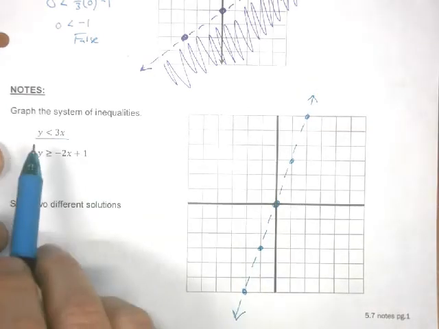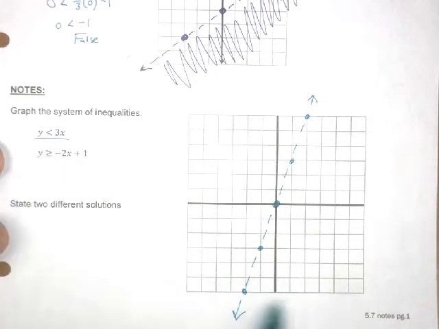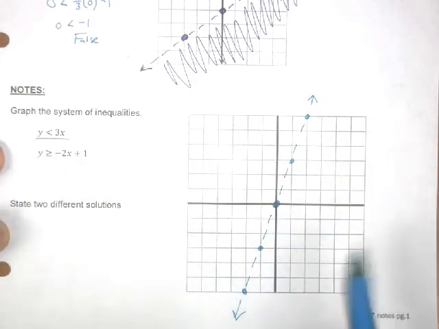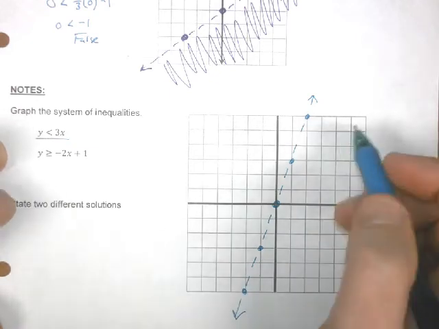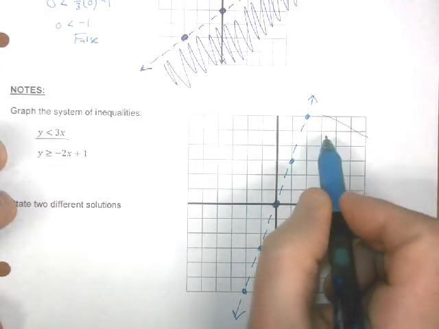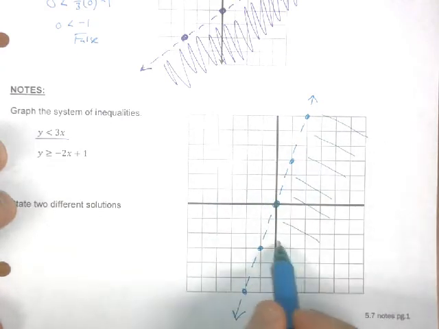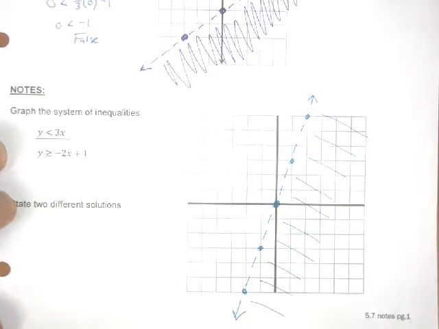And this is going to be y is less than, so we're going to be underneath here. If you're having a hard time with that, this is where it's really important that we make sure it is underneath. Now I'm just going to shade this lightly, and you'll see why in a second.